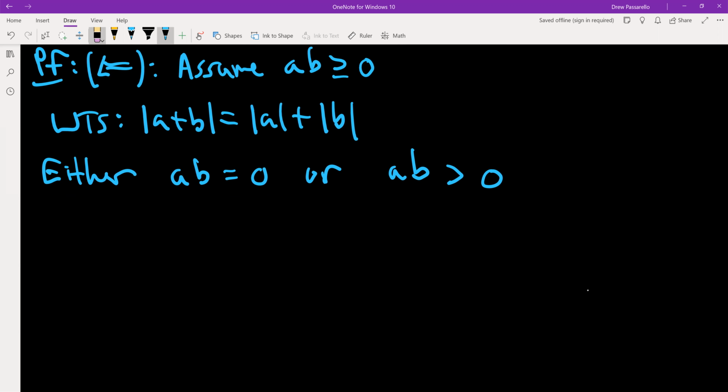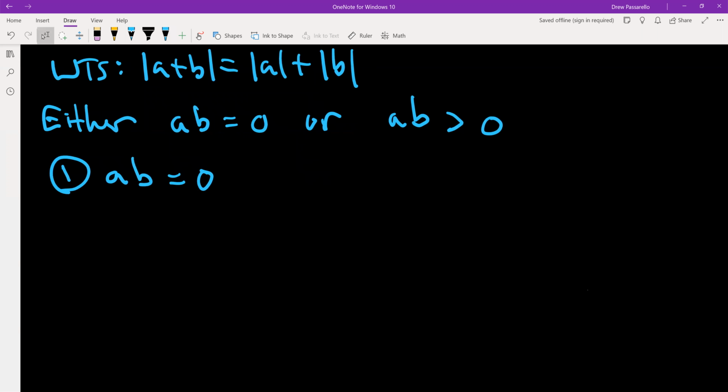So let's call it bullet point 1. So this will be ab equal to 0. So when the product is 0, that means either a is 0, b is 0, or both of them are 0.